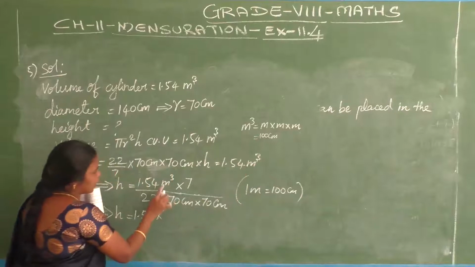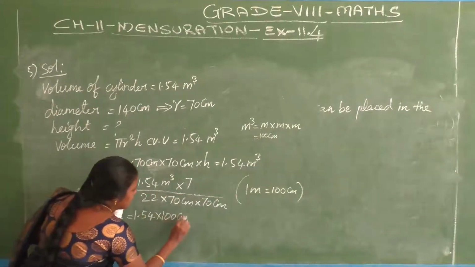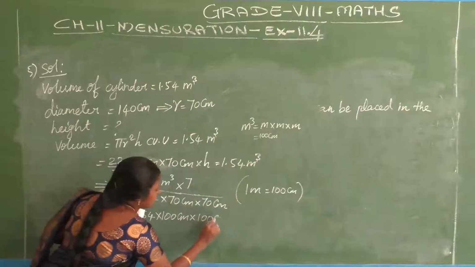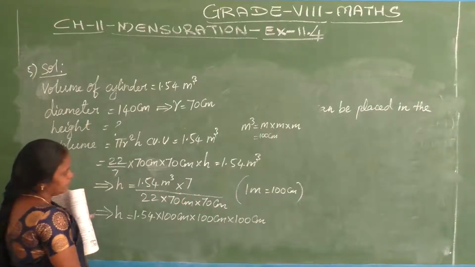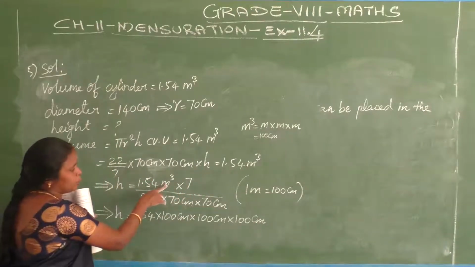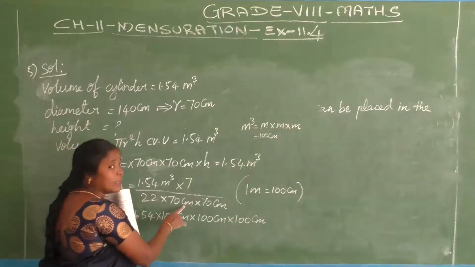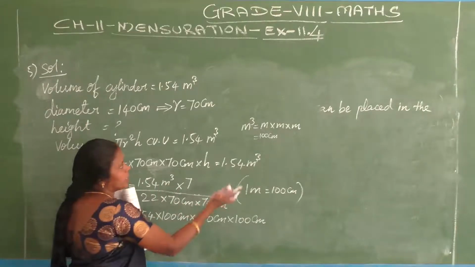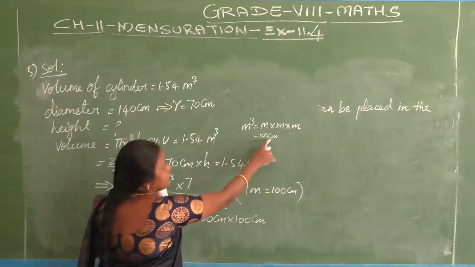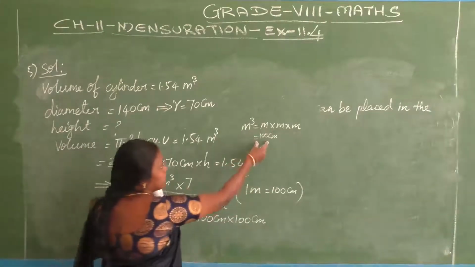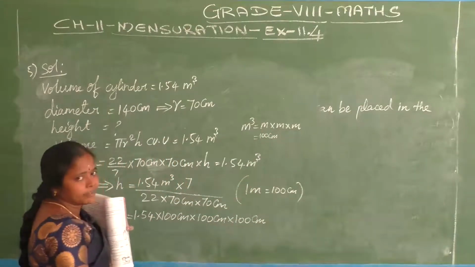So I am going to write this meter cube as 100 centimeter into 100 centimeter into 100 centimeter. Clear, children? What I did: meter cube can be written as meter into meter into meter, but in the denominator we have centimeter level, so both should be cancelled. So I changed this meter unit by mentioning 100 centimeter level.